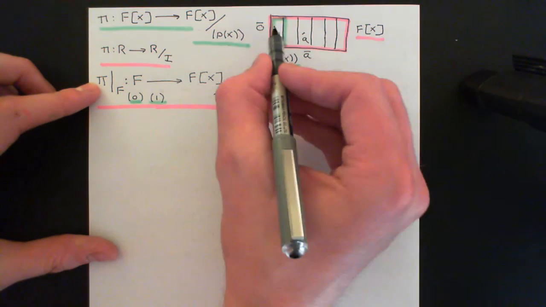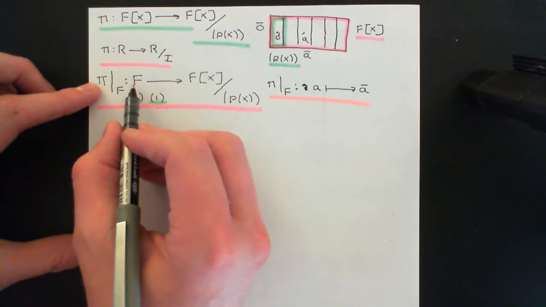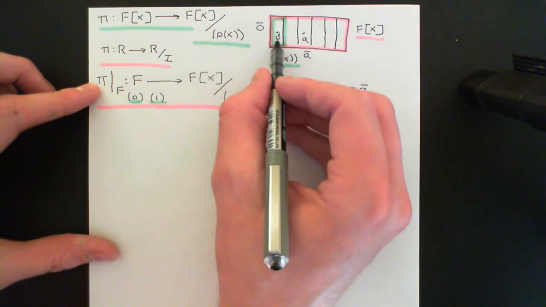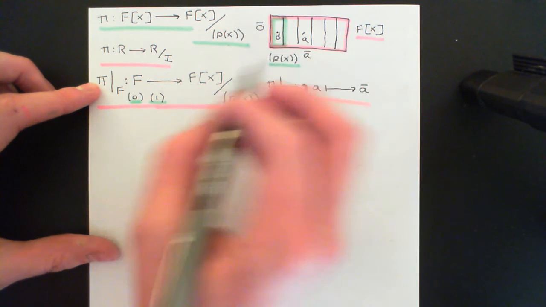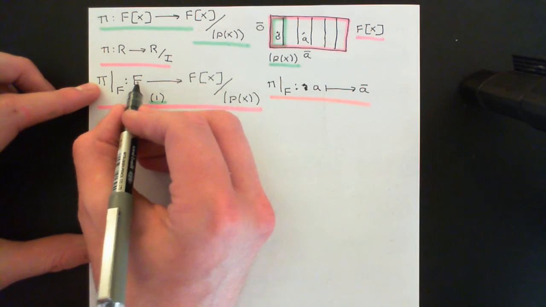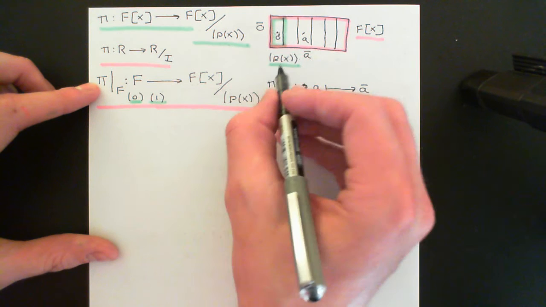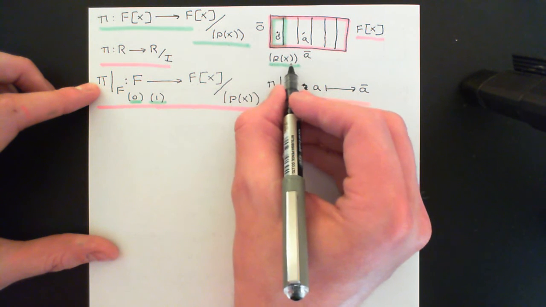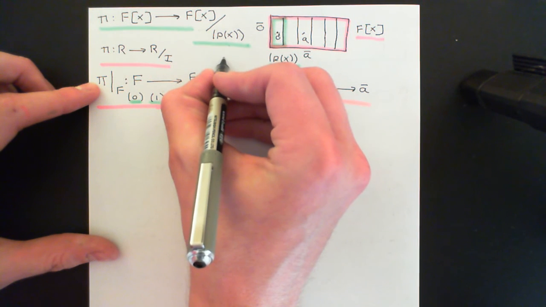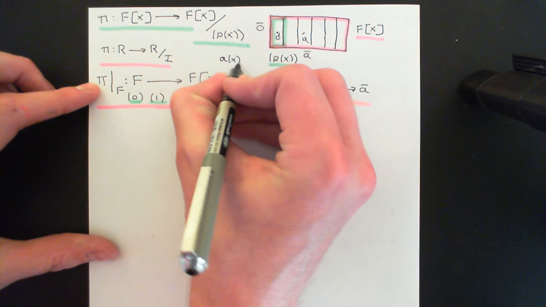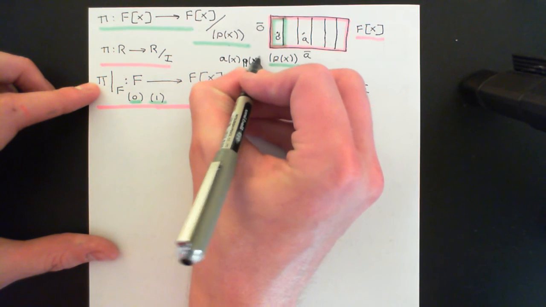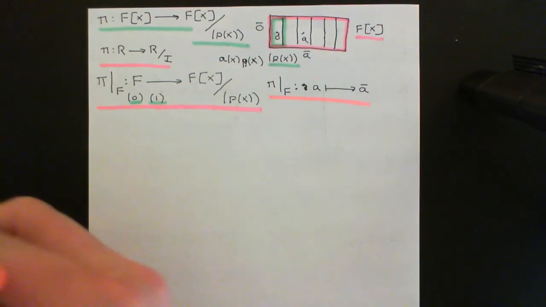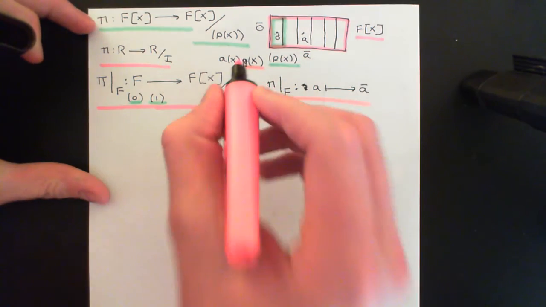Okay, now is it going to be true that all elements of the field, all the constant polynomials, are going to be in here? Well, I hope it's obvious that that's not going to be true, because for instance 1 is a constant polynomial. Is 1 going to be in here? Is 1 going to be some polynomial times P of X? Is 1 going to be of the form, what should I call it, A of X times P of X? Oops, I've called it Q of X times P of X. That's a mess now. Okay, so this is the polynomial P of X here.